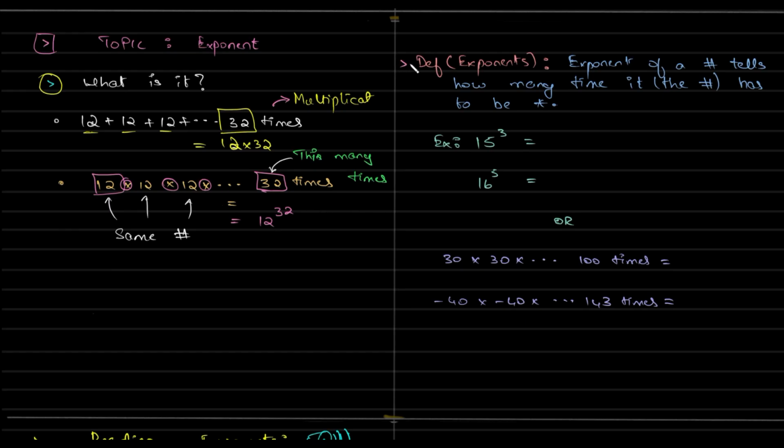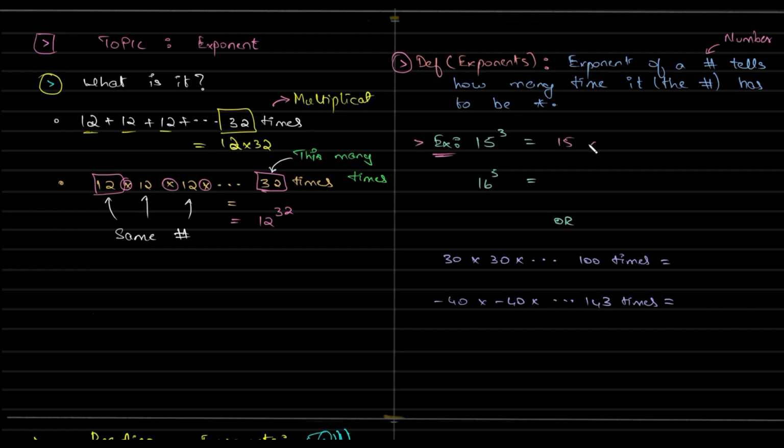So what is the basic definition of exponents? Exponent of a number tells how many times it, that is the number, has to be multiplied. For example, 15 to the power of 3.